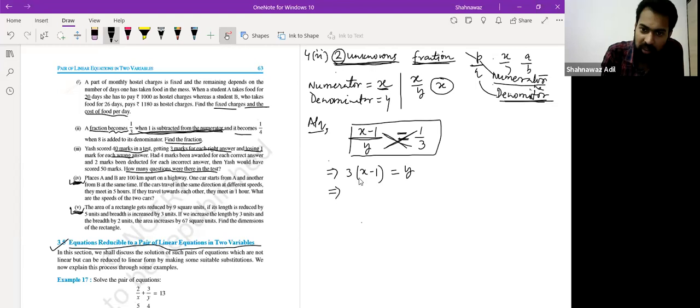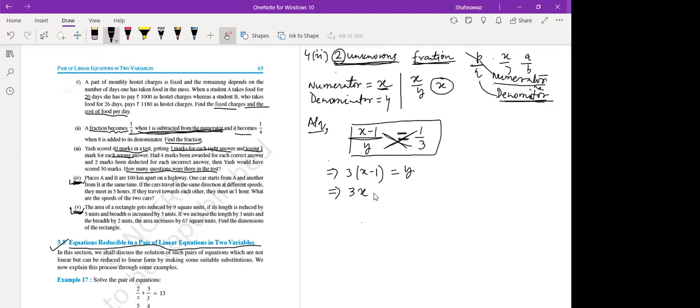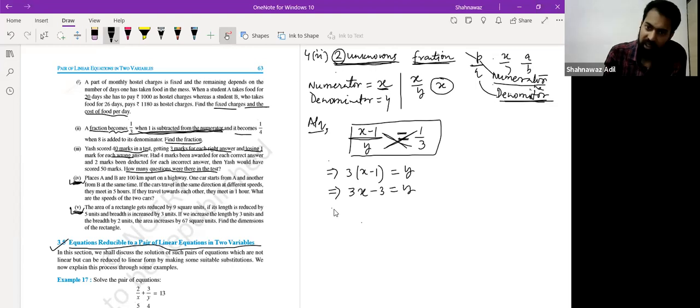Now what will this be? So this is 3x as you were telling, and then minus 3 is y, right? And then it becomes 3x, this goes here and this comes here. So this is minus y is plus 3, right? So this is the first equation.